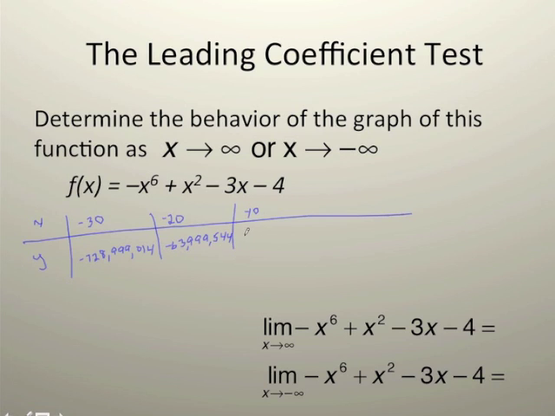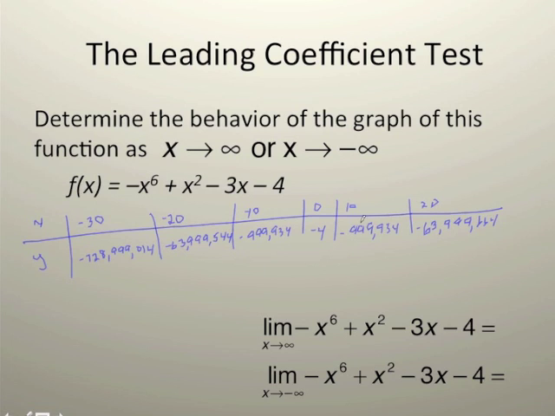For negative 10, it's negative 999,934. For 0, it's negative 4 again. For 10, it's negative 999,934. For 20, it's negative 63,999,664. And I don't have room to put the positive 30.